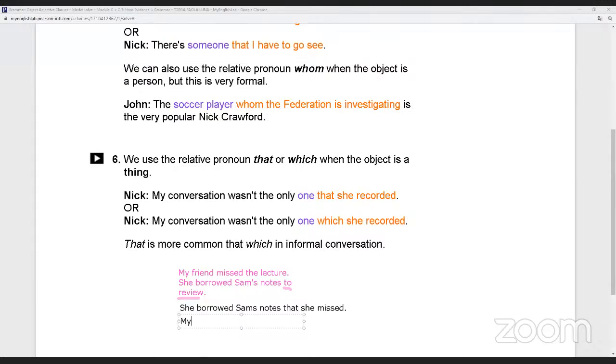We have 2 options, right? To write my friend or she. I always choose what is first. In this case, my friend.